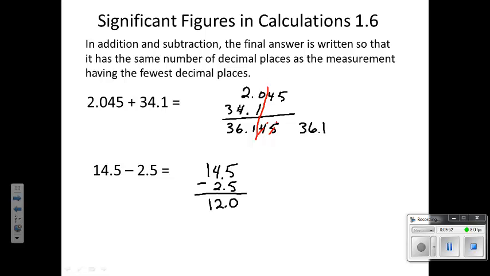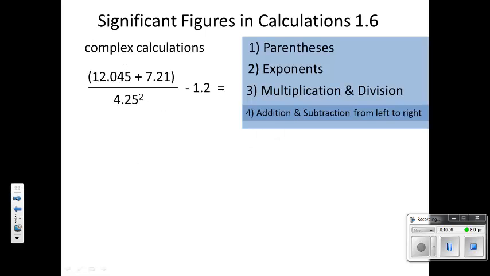And this takes some practice. You have to go through this and do it slowly, review what significant figures are, and review what the rules tell you is going on. We can even do this in complex calculations. We don't have to be scared of things that are a little more complex.